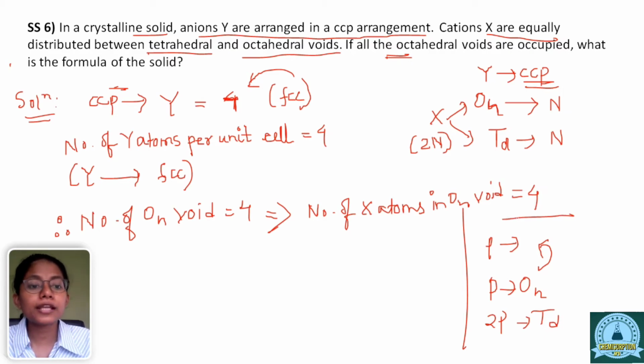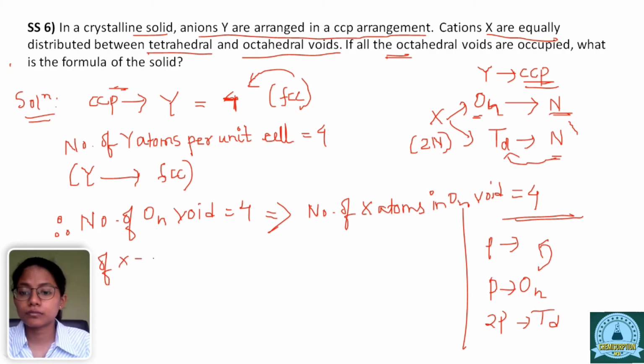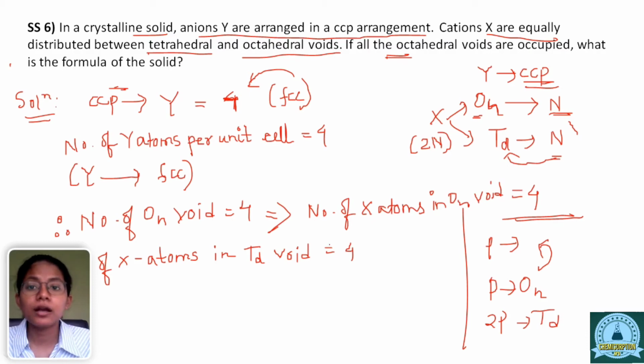So if 4 atoms are present in octahedral void, then we already know that if n atoms are present in octahedral void, then n atoms are also present in tetrahedral voids. Therefore, the number of X atoms in tetrahedral voids is, in this case, 4, because cation X are equally distributed between tetrahedral and octahedral void.